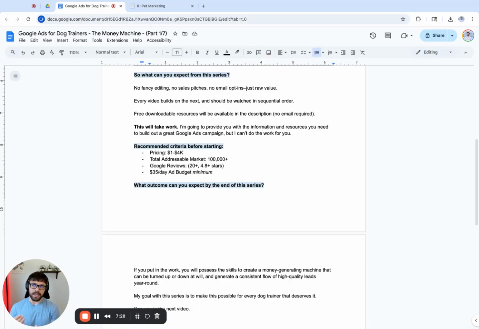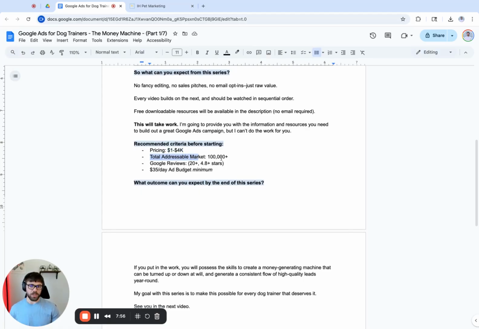What I've seen by far is that the trainers who get the best results are charging anywhere from 1,000 to 4,000 and even beyond that. But if you're only charging 250 or $500 for a program, after all of your expenses, including paid ads and overhead and everything else, your margins are going to be tiny. So ideally, 1 to 4K is what you should be charging for your programs, at least the ones you're going to be running paid ads for.